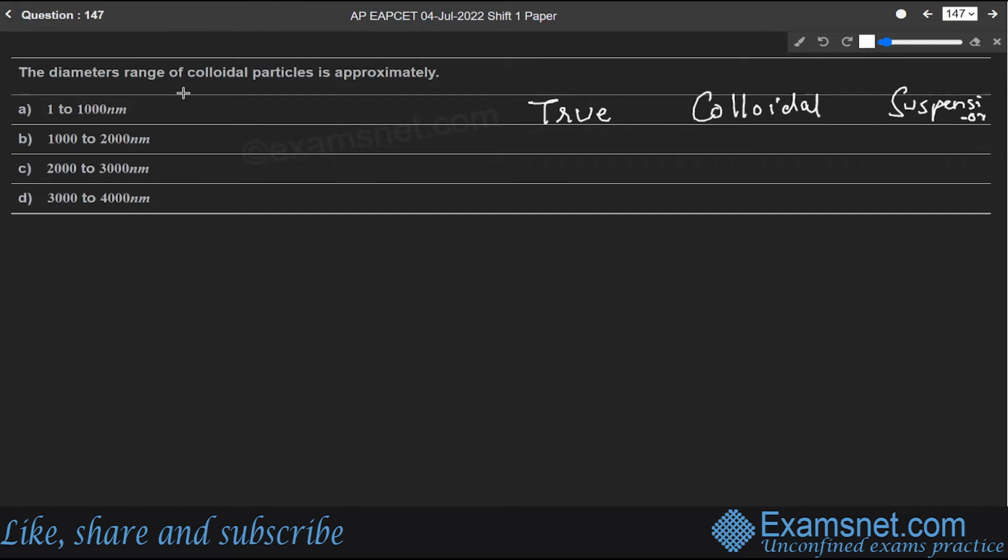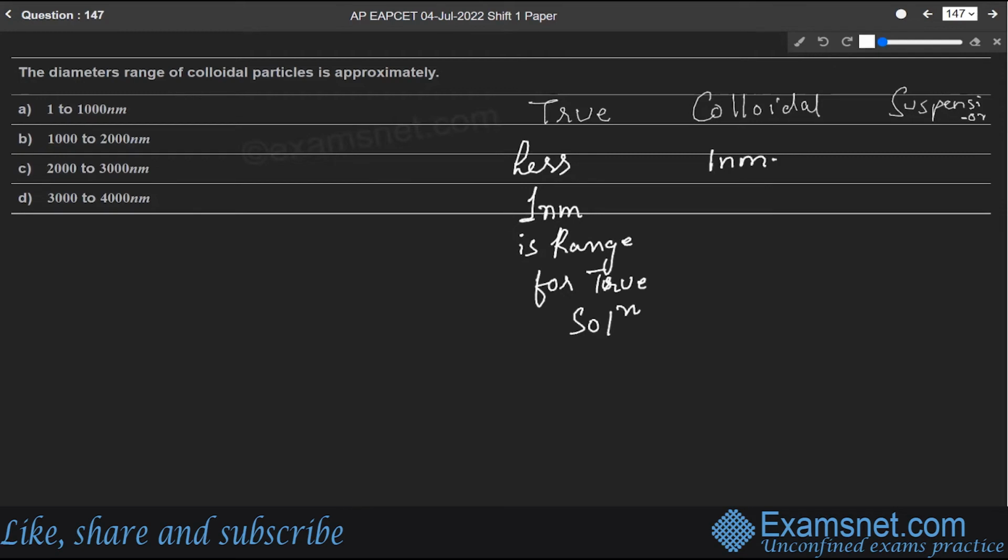For true solution, the size is less than 1 nanometer. 1 nanometer to 1000 nanometer is the range for colloidal, and more than 1000 nanometer is the range for the size of suspension.